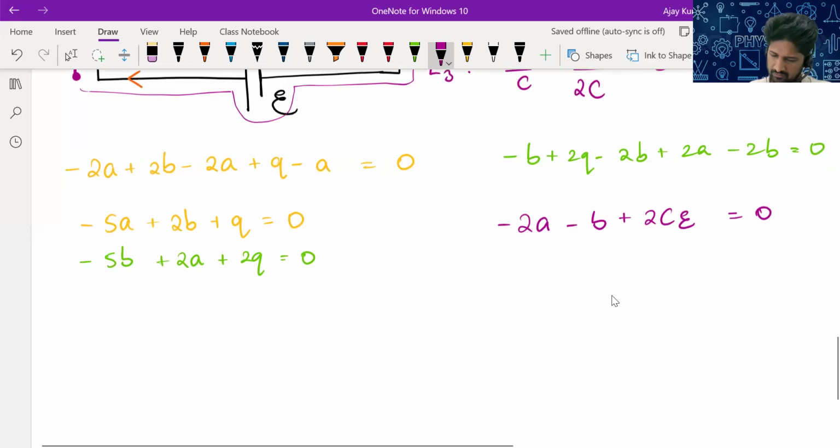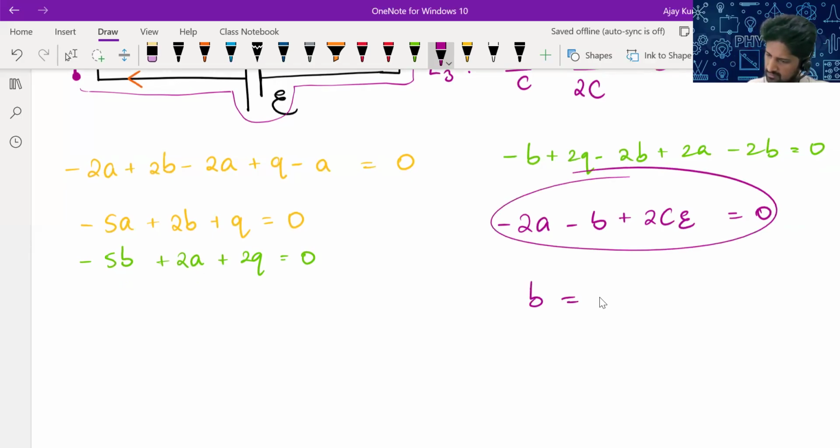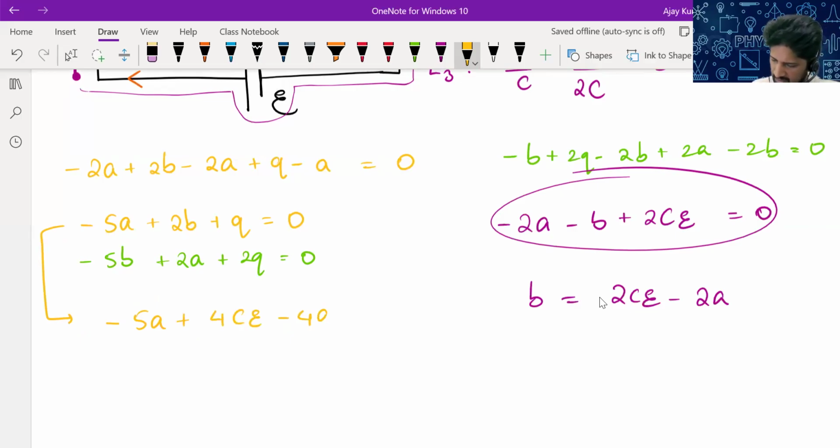We have to solve these three equations now. We'll eliminate variables one by one. What can we do? From the third equation, let us take B. B is equal to 2CE minus 2A. We'll put that in the first two equations. Then the first equation changes to minus 5A plus 2 times of B. 2 times of B becomes 4CE minus 4A plus Q is equal to 0.